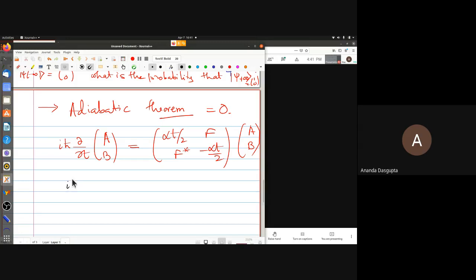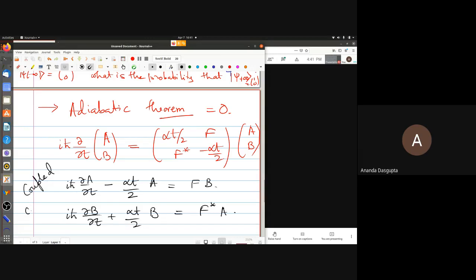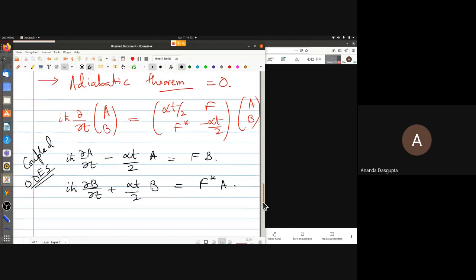Or rather, this really is simply two equations. Right? So coupled differential equations. Coupled simply because A's equation has B in it, B's equation has A in it.